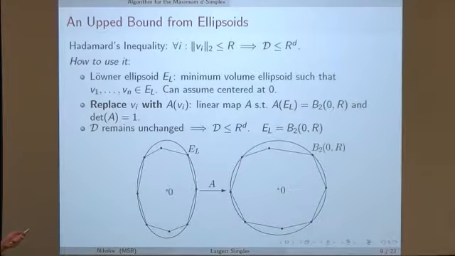Then we apply this map to each point in the input, each v_i. Now the Löwner ellipsoid is a ball of some radius r, and our upper bound will be the radius to the power d. Because we just applied this linear map that doesn't change volume, and the transformation didn't change the value of any solution, this is a valid upper bound. Does that make sense?